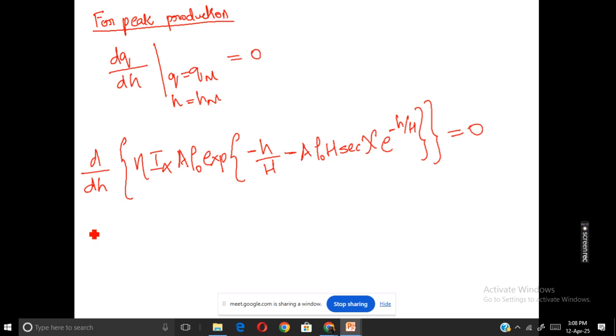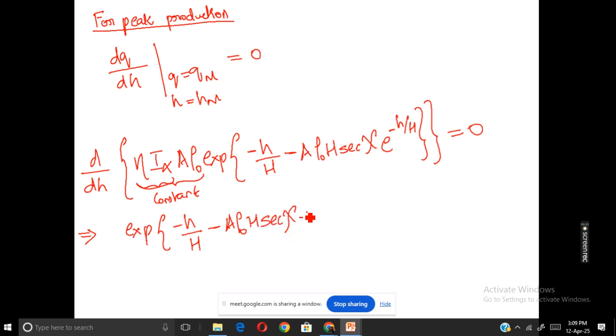Now if we find the derivative, eta, I infinity, a and rho 0 are constants, so the derivative of that will be 0. So the equation will reduce to exponential of minus h by H minus a rho 0 H sec chi into e raised to minus h by H.